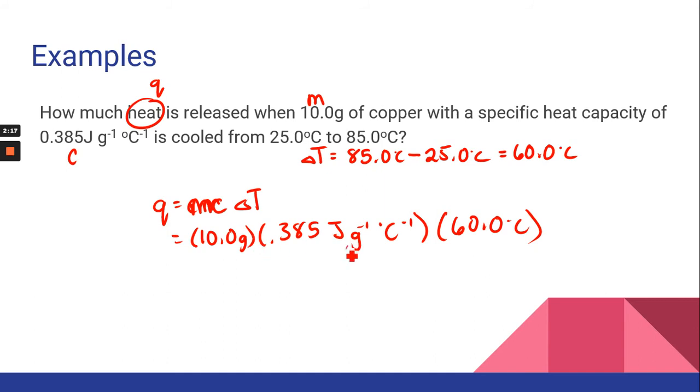When we multiply there, the grams are going to cancel and the Celsius will cancel. So the unit will just be joules. We want 3 significant figures because the mass and the change in temperature have 3 significant figures. We don't use specific heat capacity because that's a true value, an actual value, and it would have an infinite number of significant figures. So the answer ends up being 231.